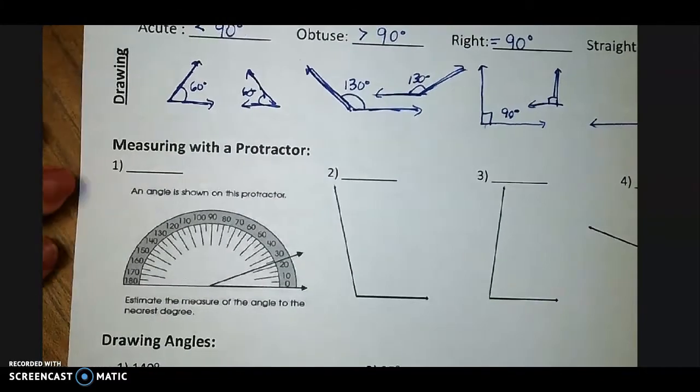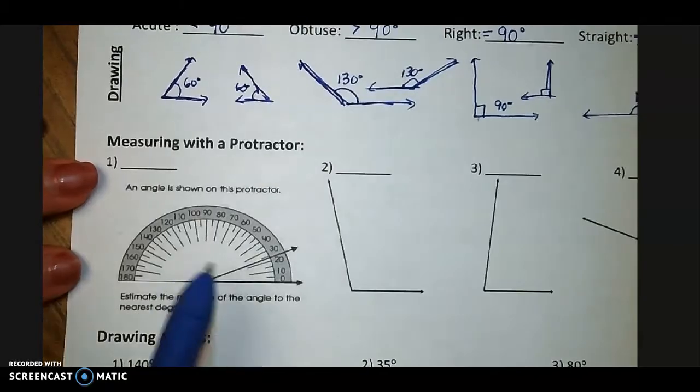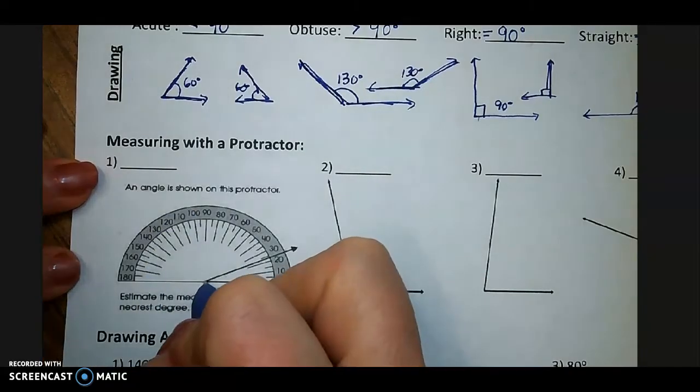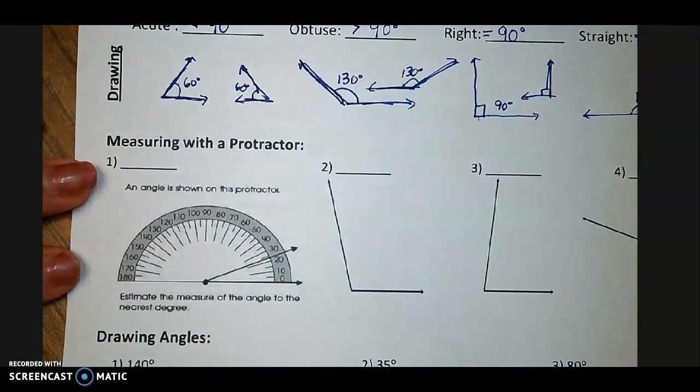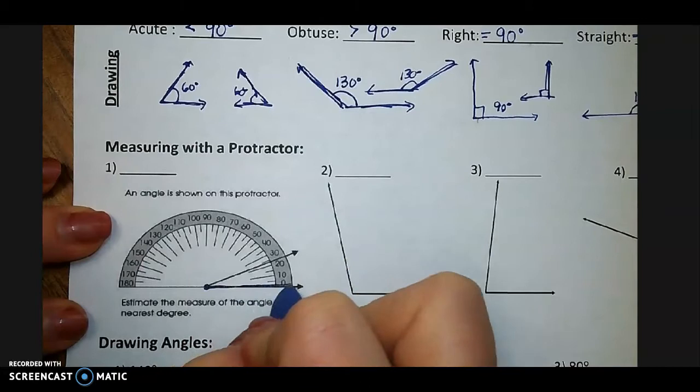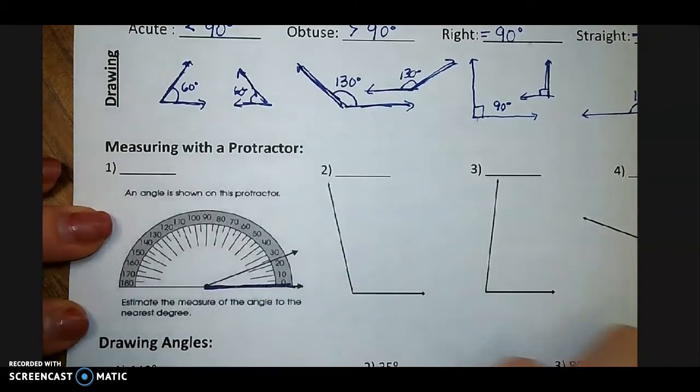When I'm measuring with a protractor, as with this one shown here, this one for number 1 says I'm going to use my protractor and estimate this. So I put the vertex right in the center. This bottom line has to line up with the bottom edge. It's got to be at 0.